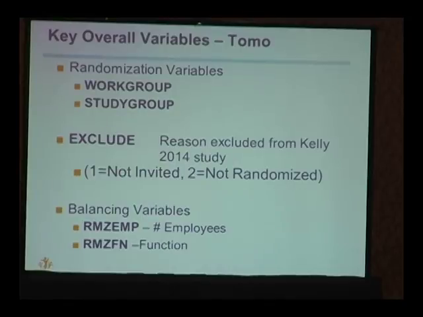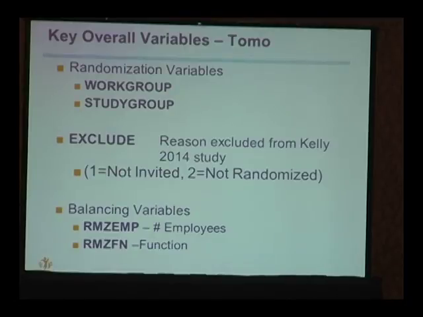I mentioned earlier that we did not indicate any change in the original variables in these data sets, but for some reason, a change did occur, as Kelly mentioned, in the actual TOMO cohort.